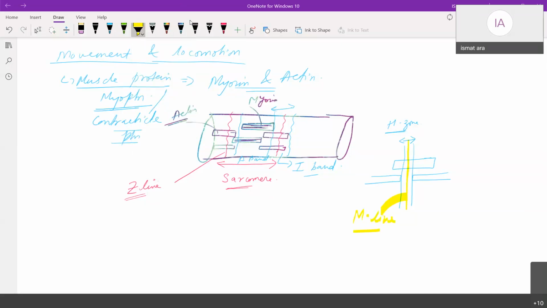So we are clear about A band, I band, H zone, M line, and Z line. Clear with this? Any doubt in this?